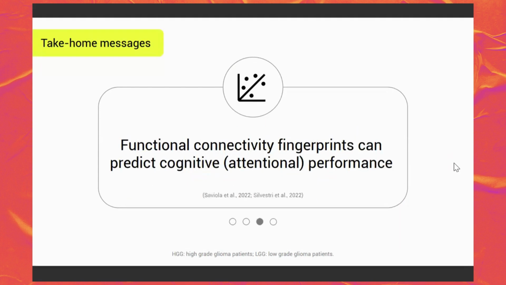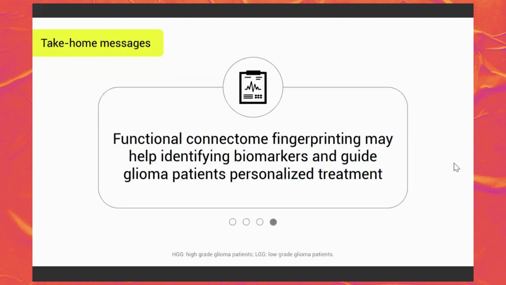Also, functional connectivity fingerprints were able to predict high-grade glioma patients' performance, especially in the attentional domain. And finally, even if more work is of course needed, functional connectome fingerprinting may help identify biomarkers of plastic functional connectivity reorganization in patients, and thus guide personalized treatment and rehabilitation plans.